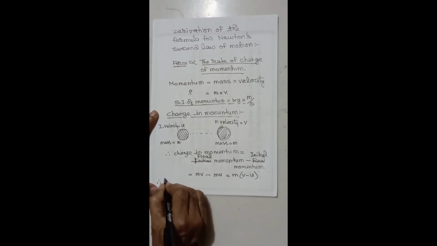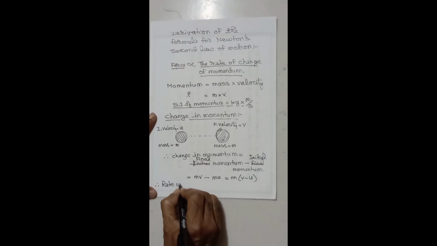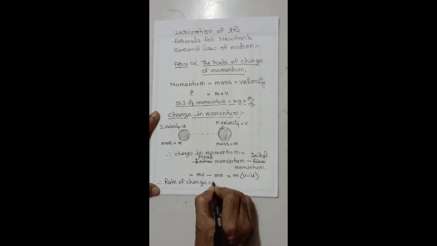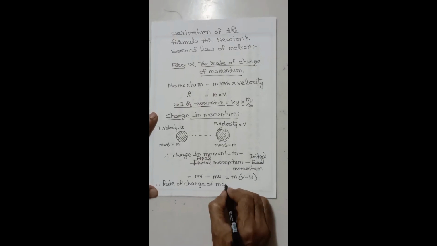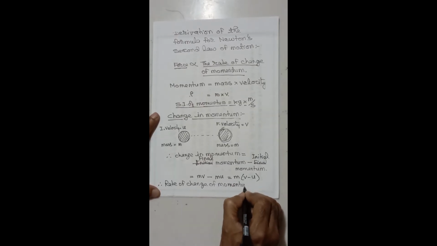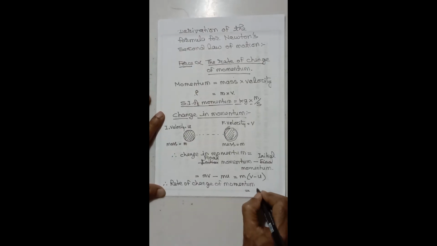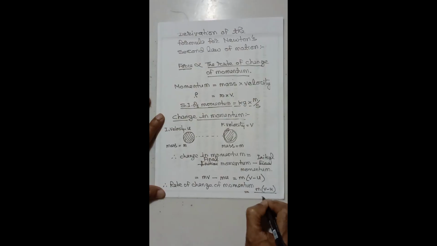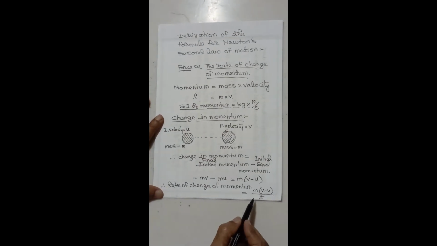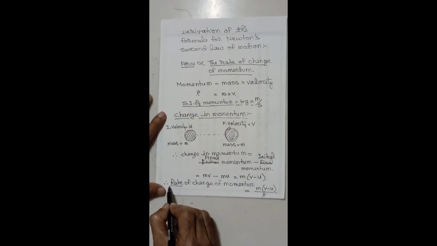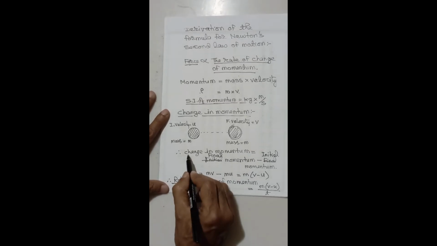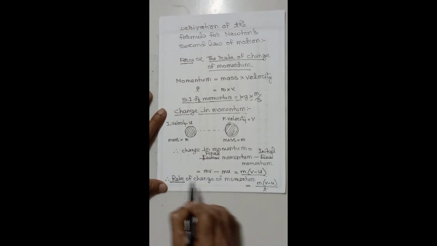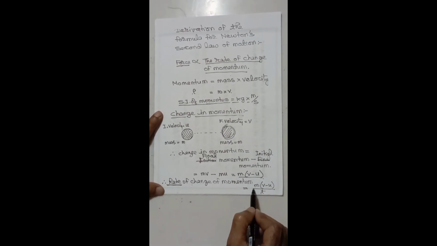Therefore, rate of change of momentum is equal to m into v minus u by t. Recall why I have put t here: because I have kept rate here. Change in momentum is here, but when we apply rate, in the denominator t will come.